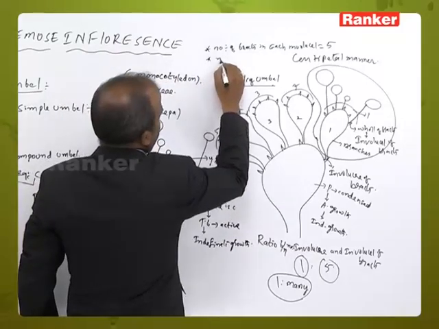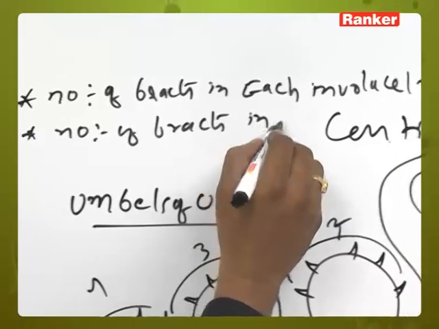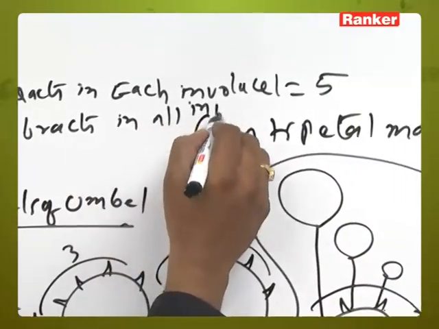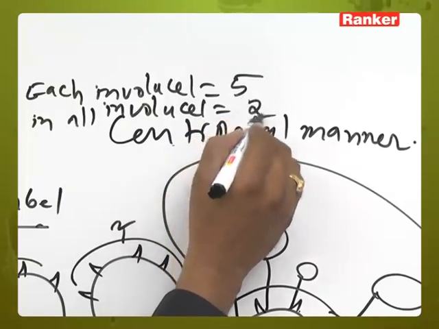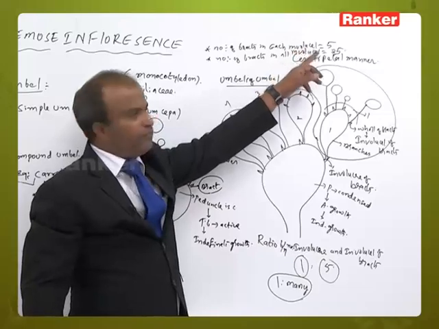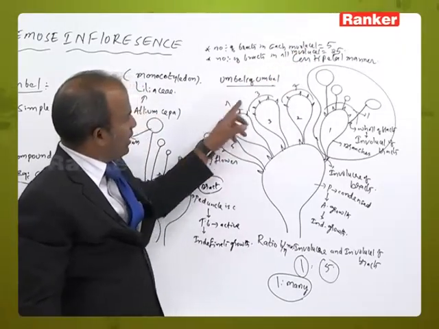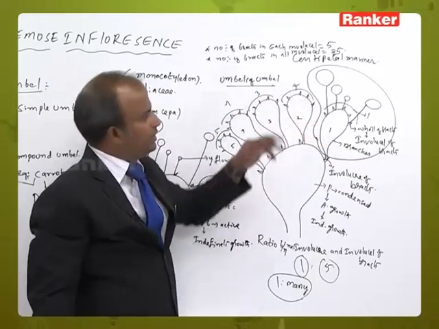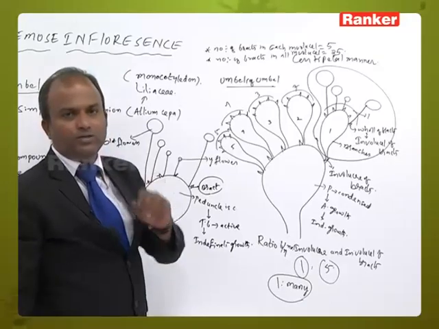The number of bracts in all involucres, 5 plus 5 plus 5 plus 5 plus 5, that is nothing but 25.